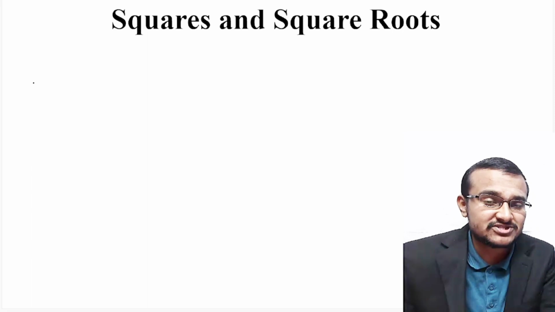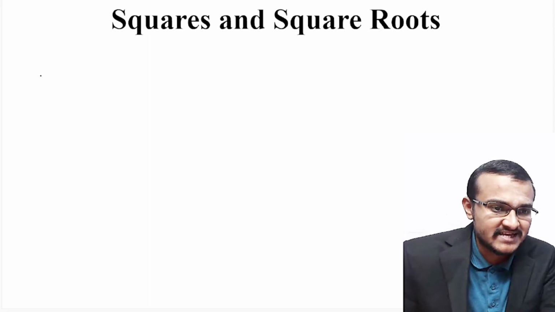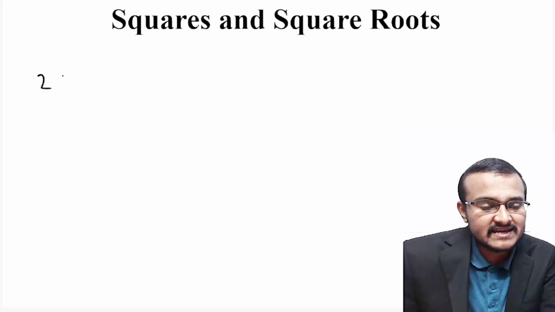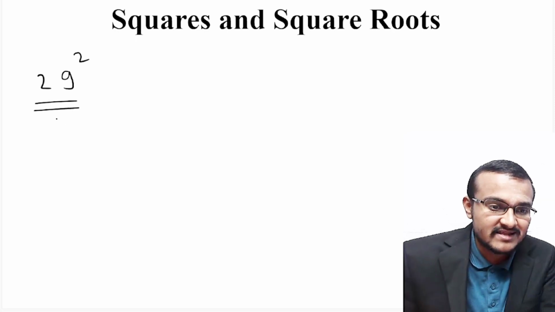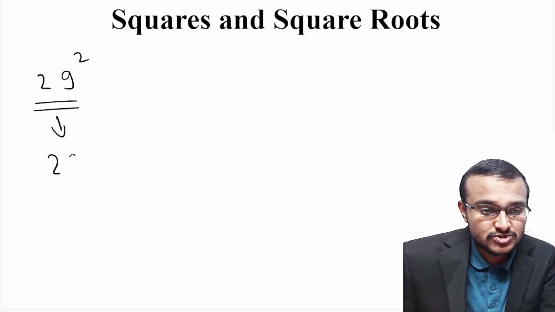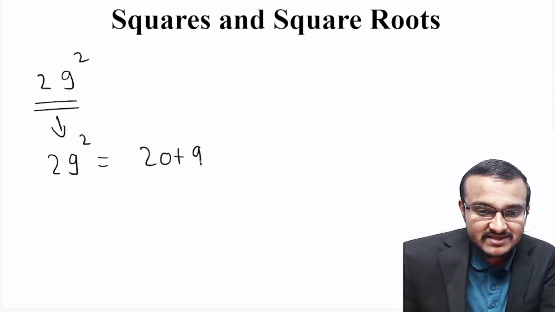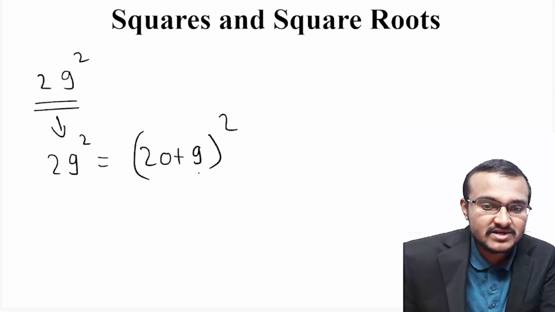So now let us actually learn how to find square of a particular number. So let's say we have, let me take an example 29. So what is the square of 29? If you want to find the square of 29, then there is a method for this. So write 29 square as 20 plus 9 whole square.